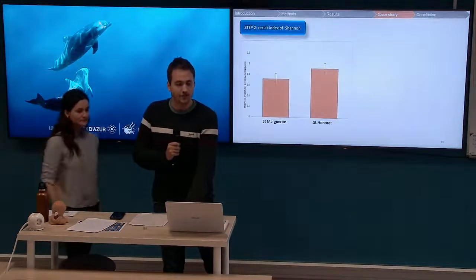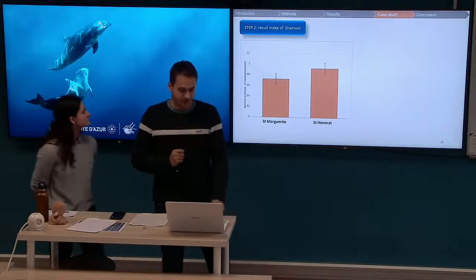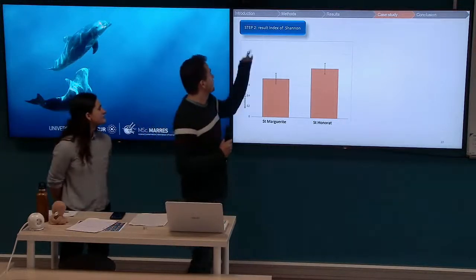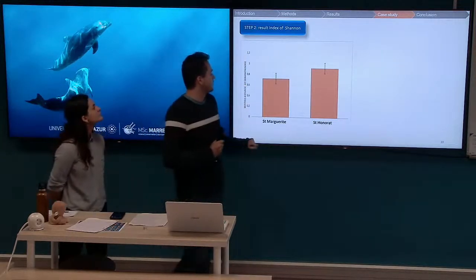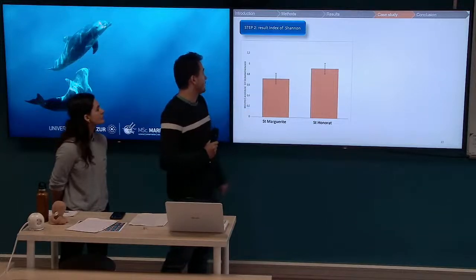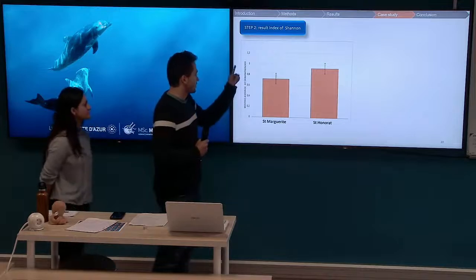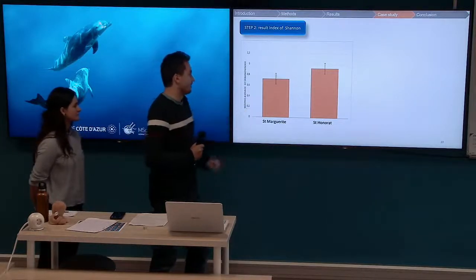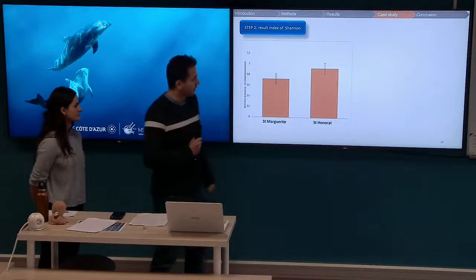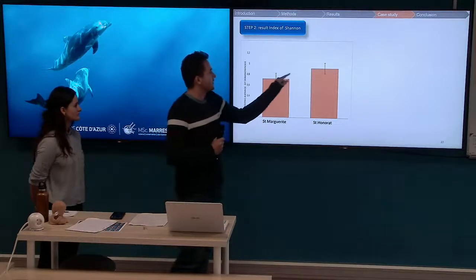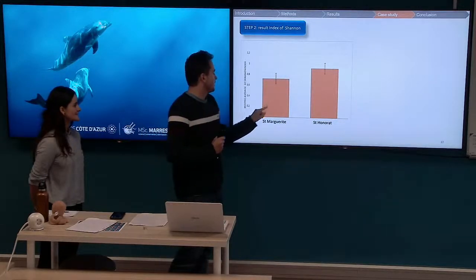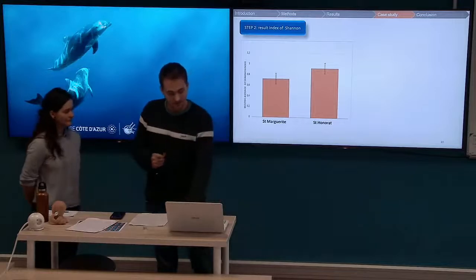In order to test it, we divided it into 2 different tests. The first is to compare the mean of both islands for the Shannon index. On the y-axis, we have the mean of the moving average of the Shannon index for both islands. You can see on the graph that St. Honora seems to be greater in terms of mean than St. Marguerite.